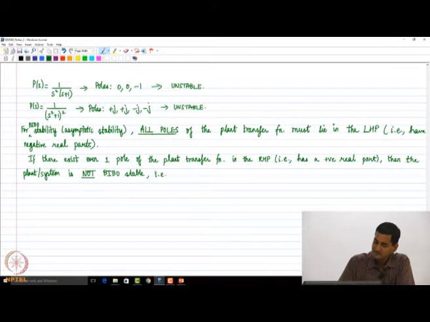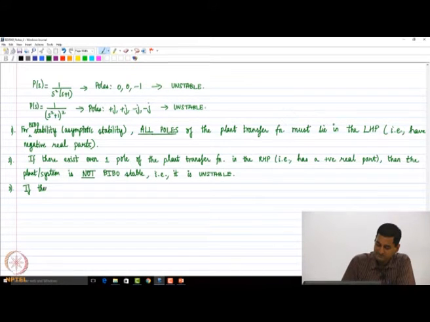Or in other words, we will say it is unstable. Okay, let me call this point number 1, this is point number 2, and let us call the next point number 3.